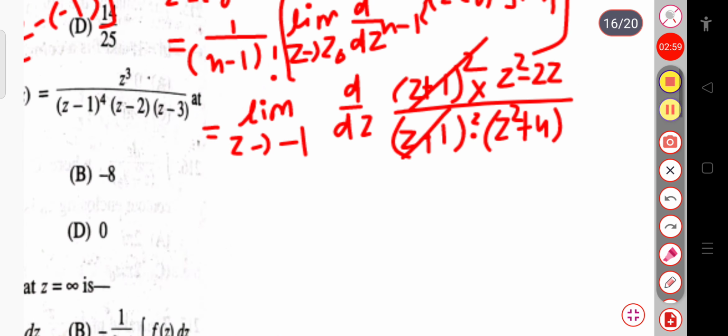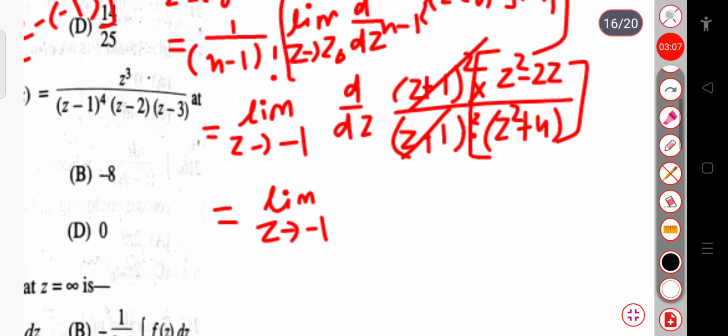Now you can calculate the derivative, that is equal to the limit z tends to minus 1 of (z square minus 2z) divided by (z square plus 4), so only this part remains.